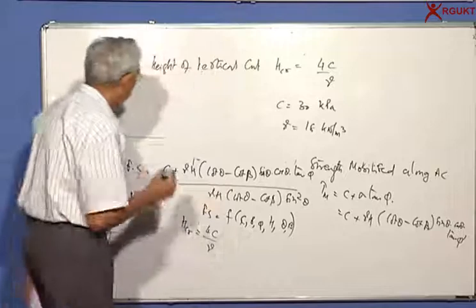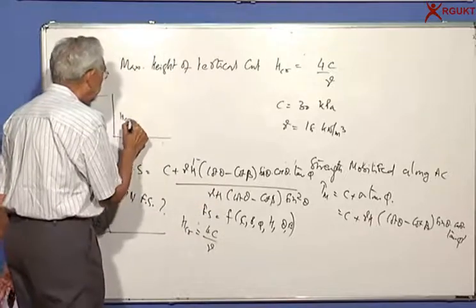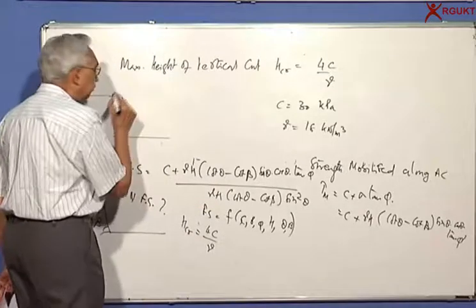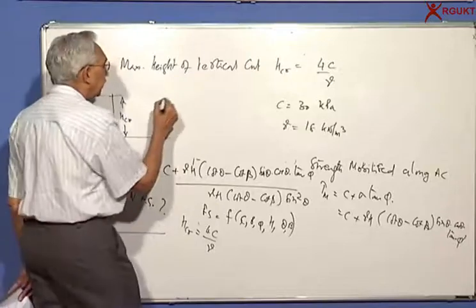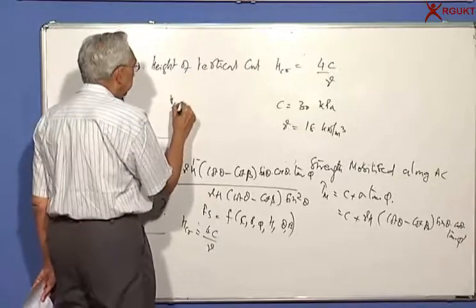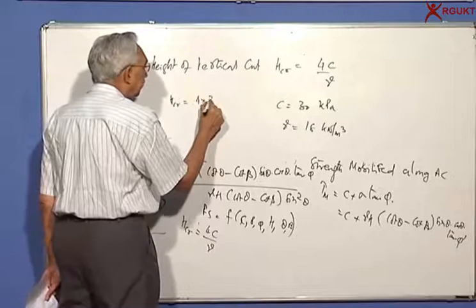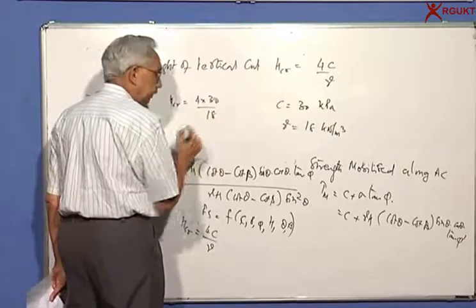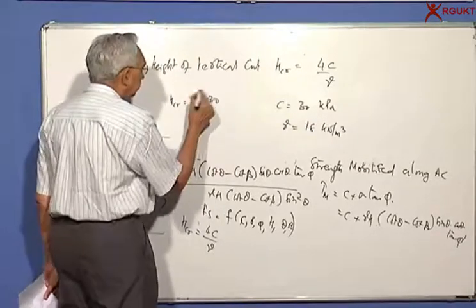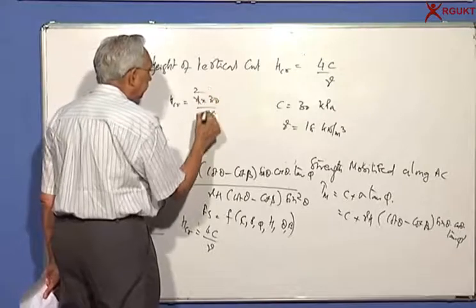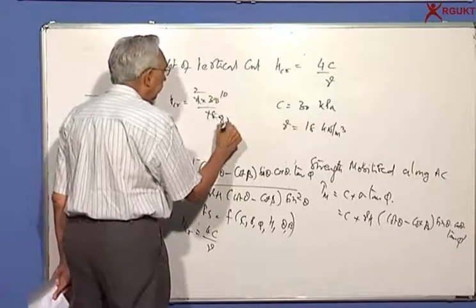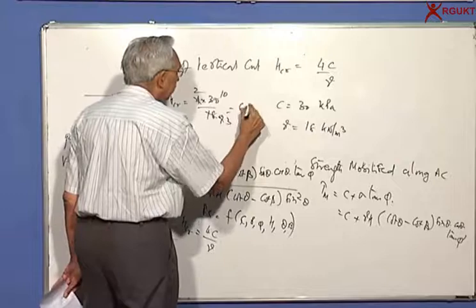So if I now calculate what will be the H critical when I want to make a deep cut, it will be equal to 4 into 30 by 18. So this gives me 20 by 3, about 6.7 meters.